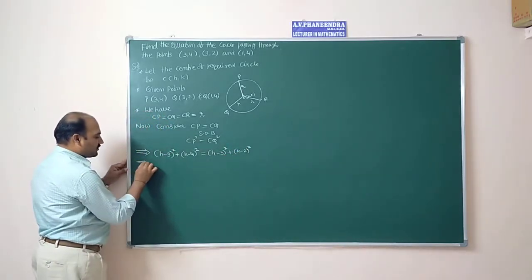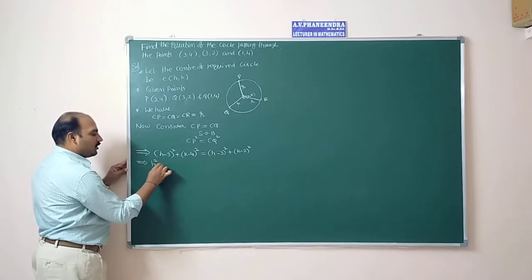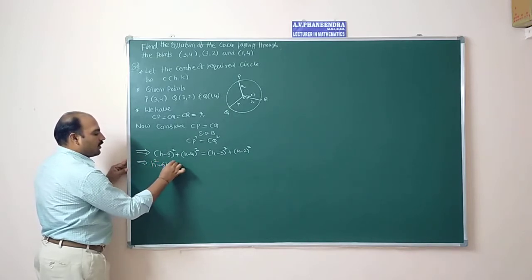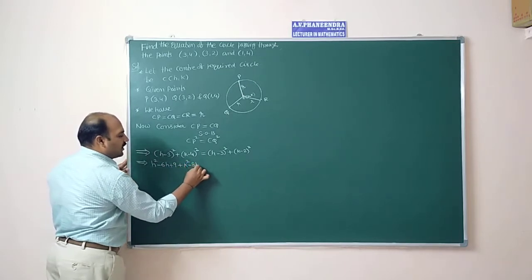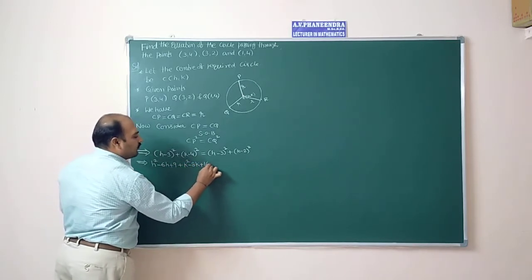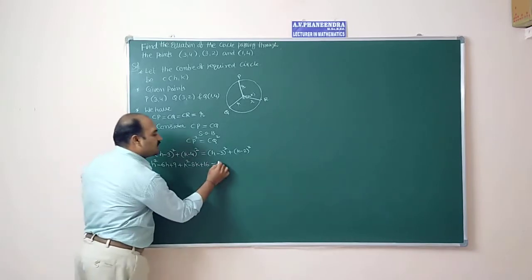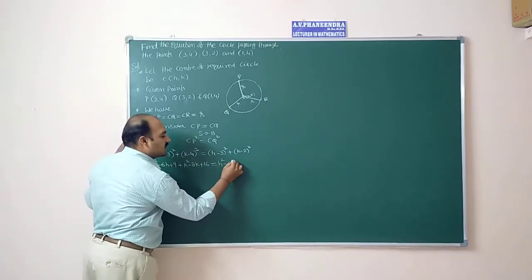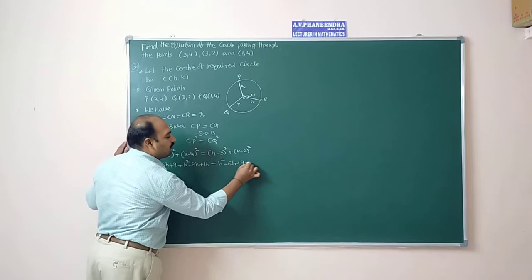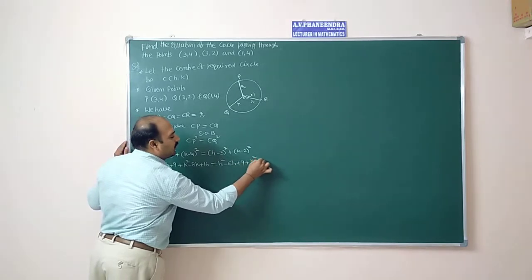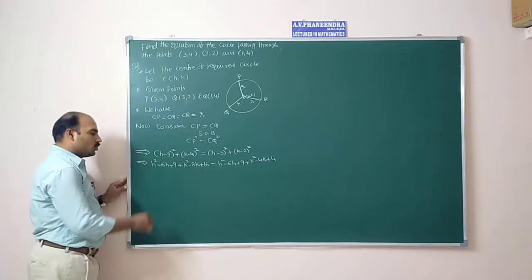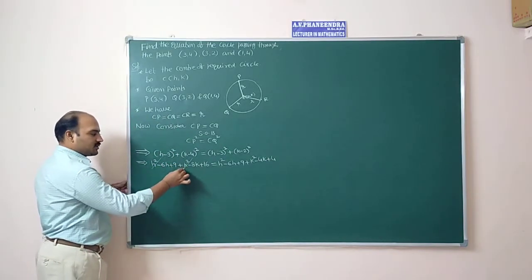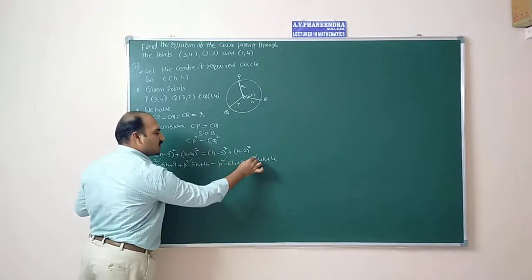That implies h square minus 6h plus 9 plus k square minus 8k plus 16 is equal to h square minus 6h plus 9 plus k square minus 4k plus 4. On both sides, h square plus k square, h square plus k square.